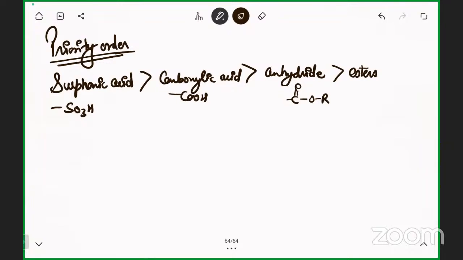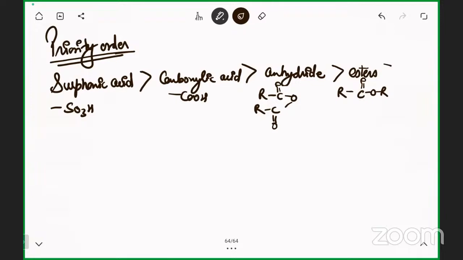See, I've made a mistake over here. This is C double bond O single bond O single bond R. And here also R. What I'm writing is R C double bond O single bond O single bond C double bond O single bond R. This is anhydride.